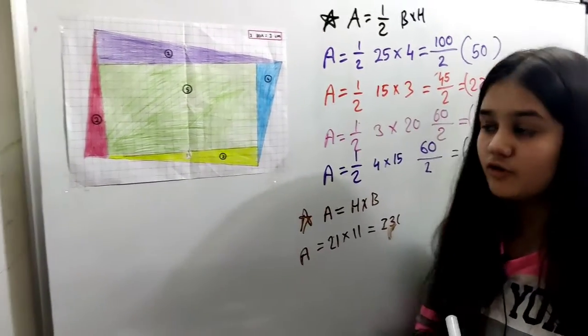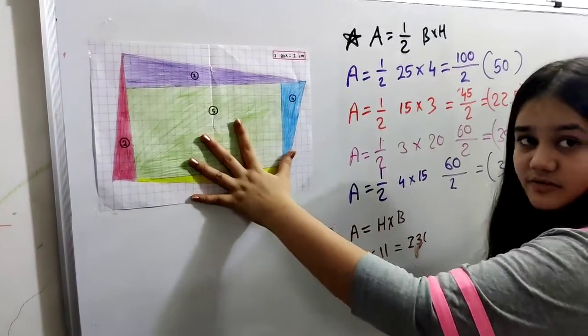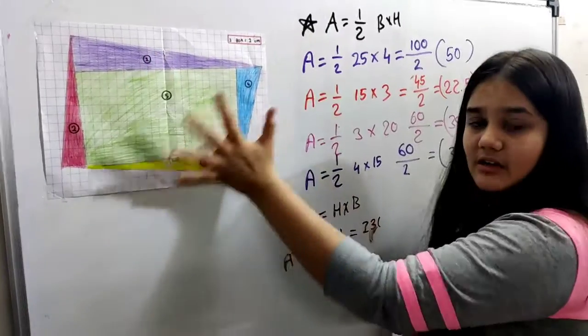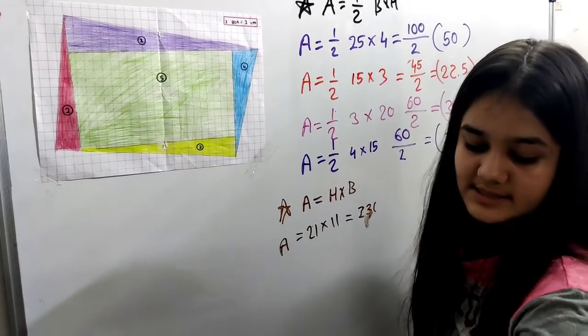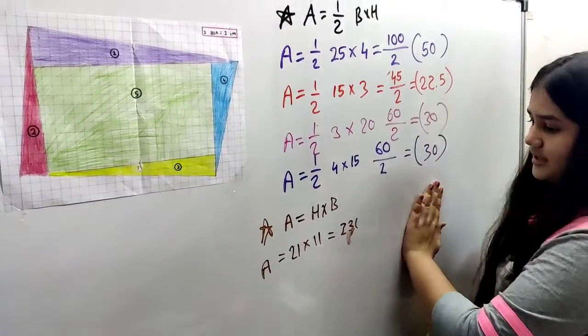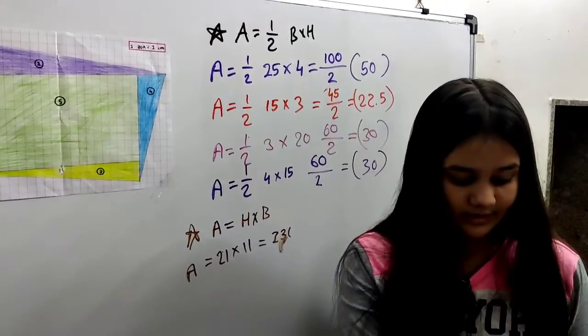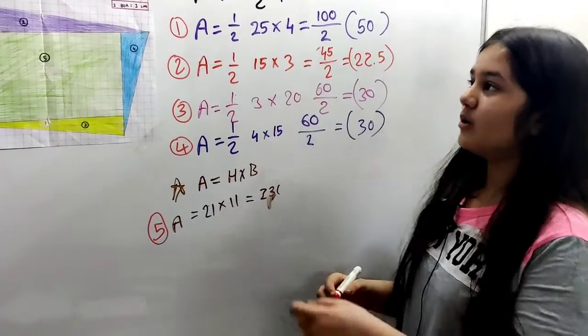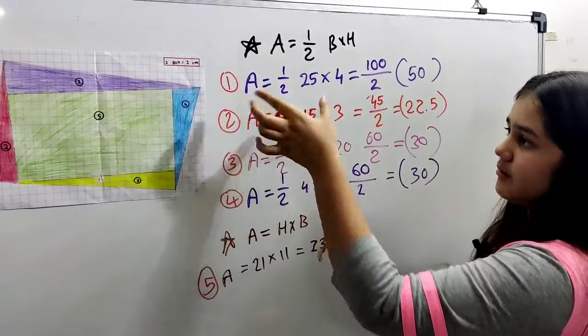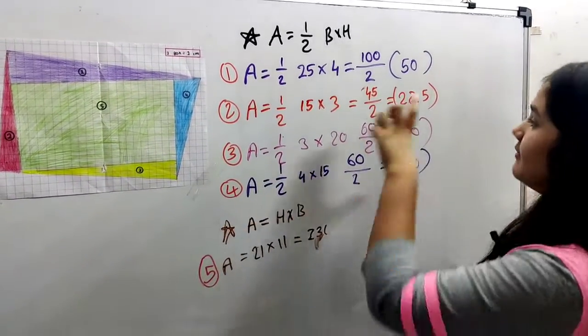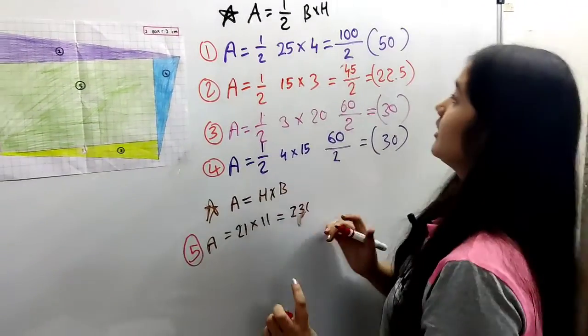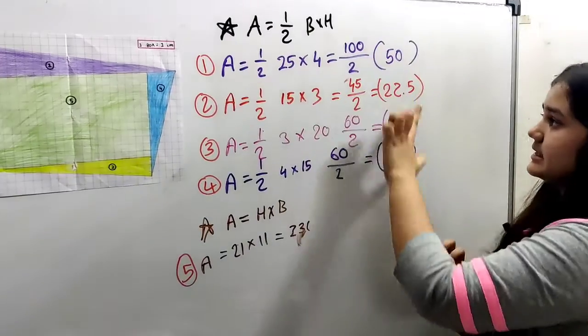Now, to find the total, we have the areas of these shapes. To find the total area of this uneven shape, let's add all the things. Now we have the one area over here, 2, 3, 4, 5, and we'll add all the answers we have.